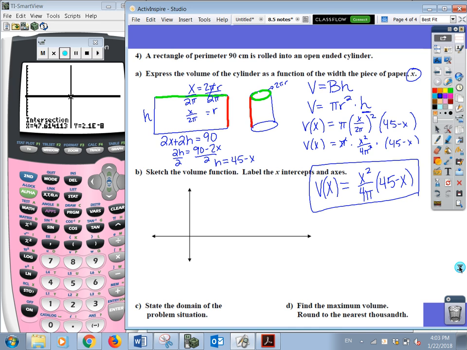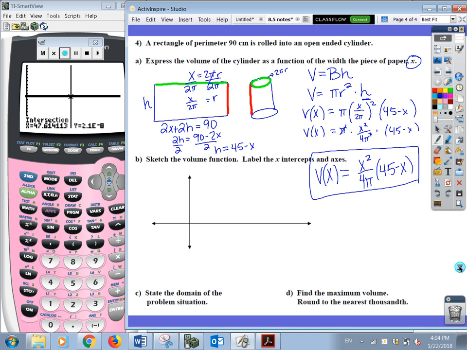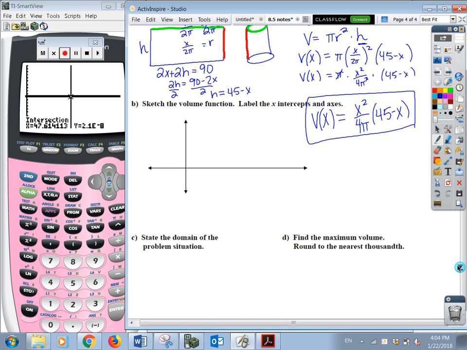So without a calculator, sketch that. Well, even though this is a crazy looking thing, x squared over 4 pi, no matter what, that's going to be at 0. So we're going to have a 0 with a multiplicity of 2 at x equals 0. This right here is going to be x equals 0. This right here, what makes that 0? 45. We know it's a squared.